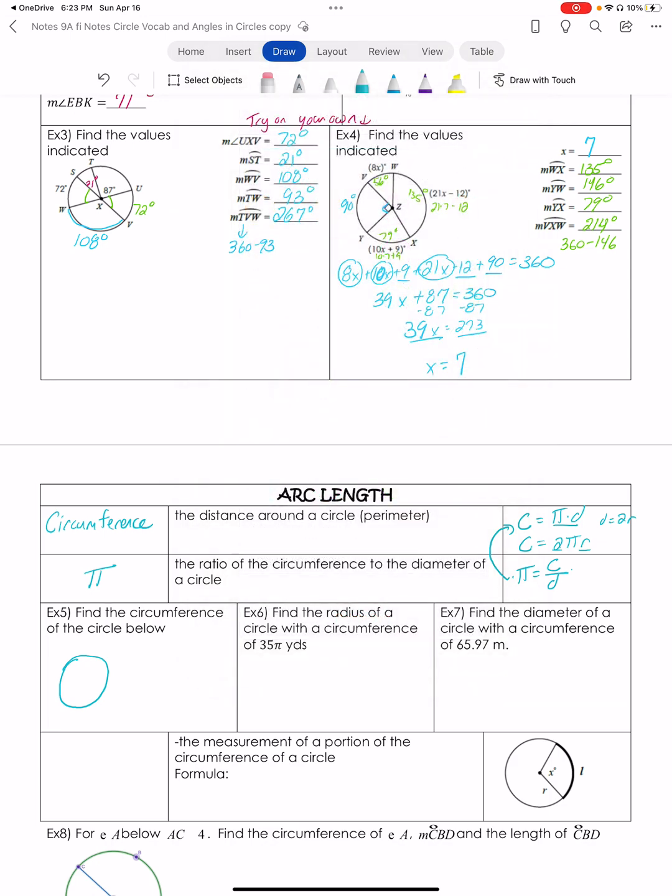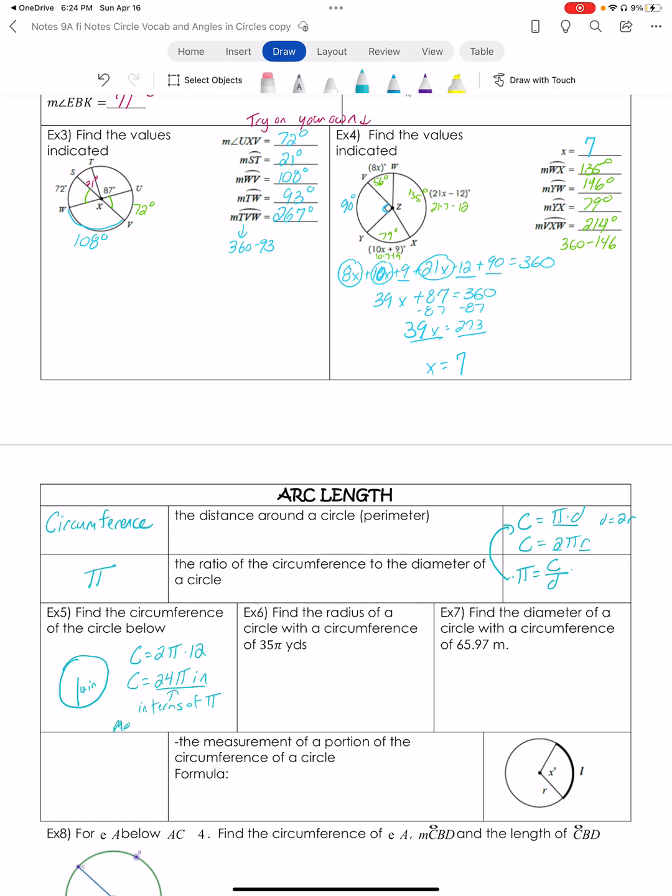And if I give you, let's say the radius is 12 inches, it does not tell you to round, so my circumference is going to be 2 times pi times 12. So my circumference is going to be 24 pi inches. And when I write it, this is in terms of pi.